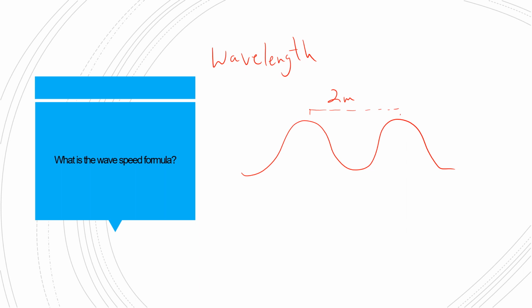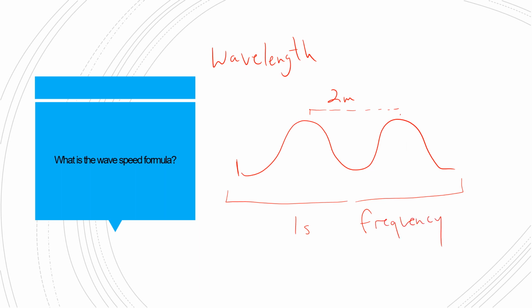There's another part of this wave speed formula, and that is the number of waves that occur within a given time frame. If we're looking at this entire set of waves, this is how many waves pass by this point in 1 second. So this is 1 second of time, and that is called frequency.